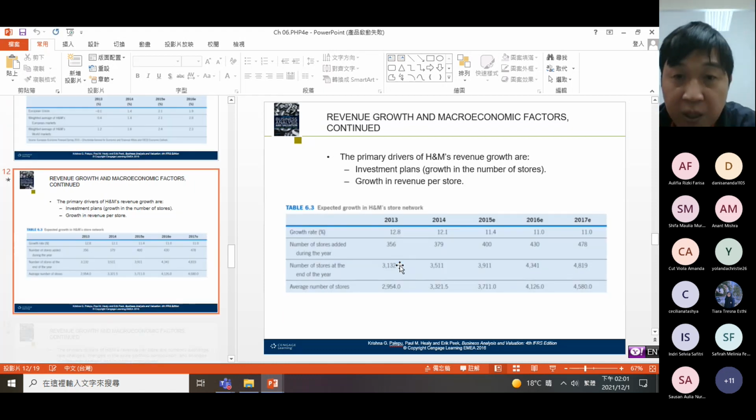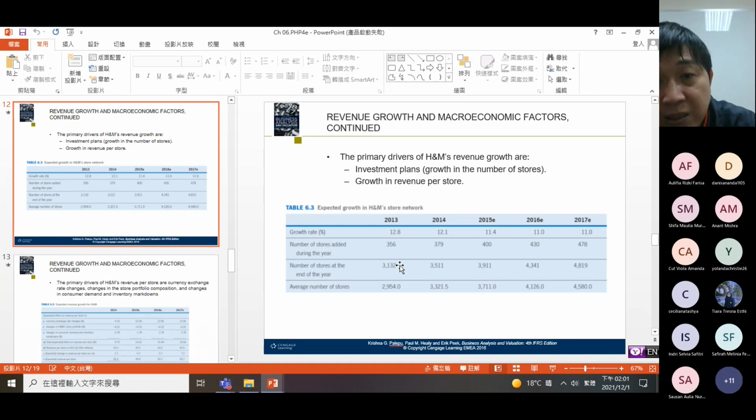The primary drivers of H&M's revenue growth are investment plans and growth in revenue per store. Here we have 12.8, 12.1, 11.4, 11.0, 11.0. This is the number of stores added during the year.